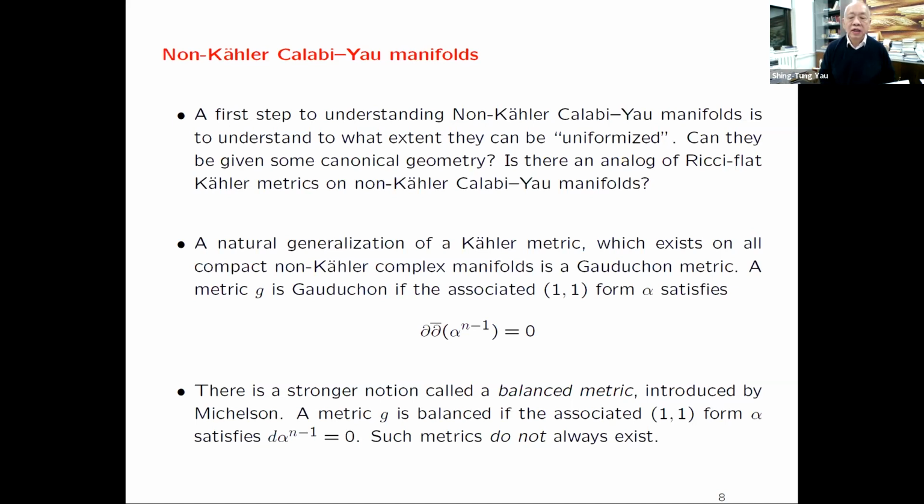Namely, you take a positive definite (1,1)-form alpha, which is not Kähler, not closed, but satisfies the equation that alpha to the power n-1 is ddbar closed. This one turns out to exist very easily. Given any such (1,1)-form, you can always conformally deform it to satisfy this equation. So every complex manifold admits such a metric.